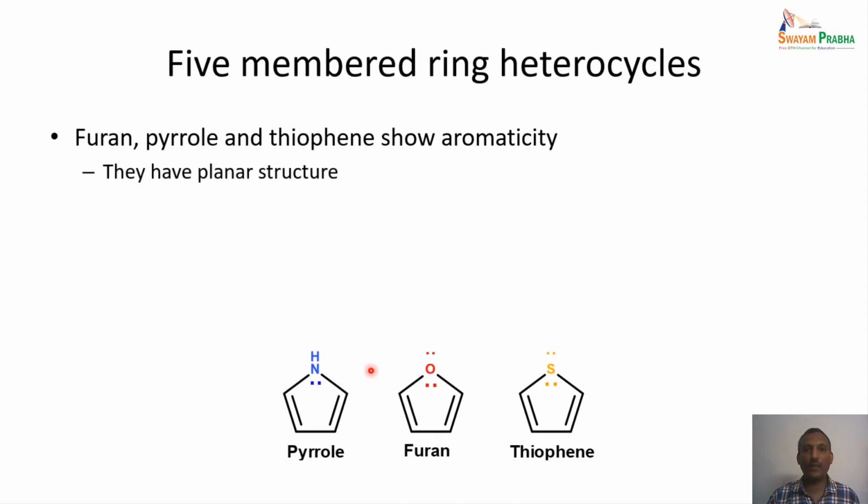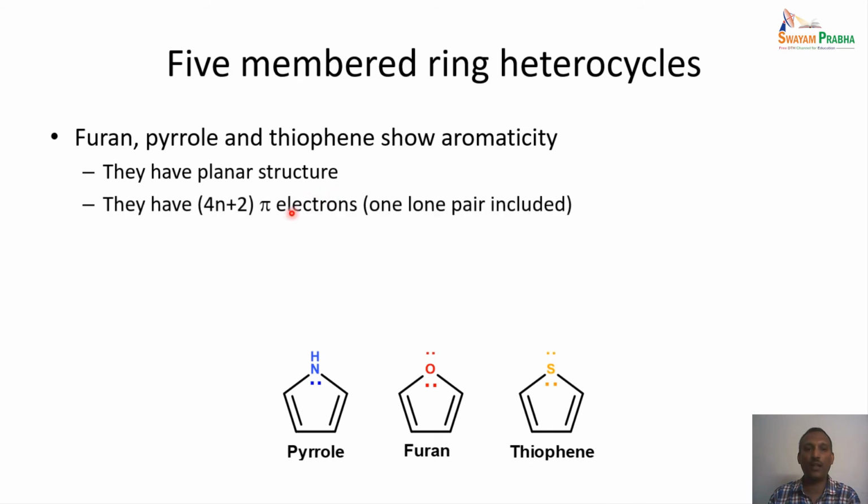How do we say they show aromaticity? Pyrrole, furan and thiophene all have planar structures. One of the conditions for aromaticity is that the compound should have a planar structure, and they also have 4n plus 2 pi electrons. Here one lone pair from the heteroatom is involved in the pi bonding. That is why there are 2 double bonds.